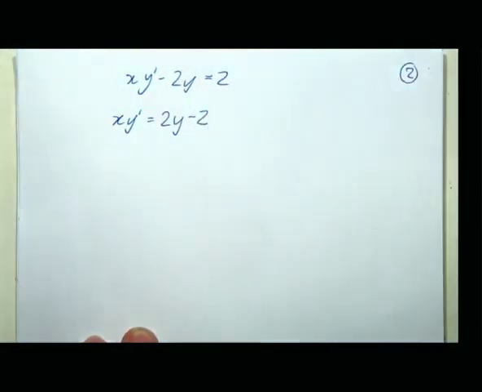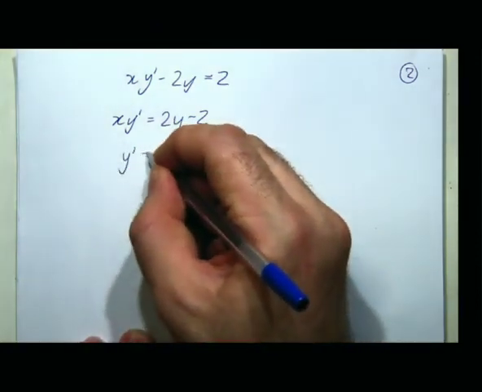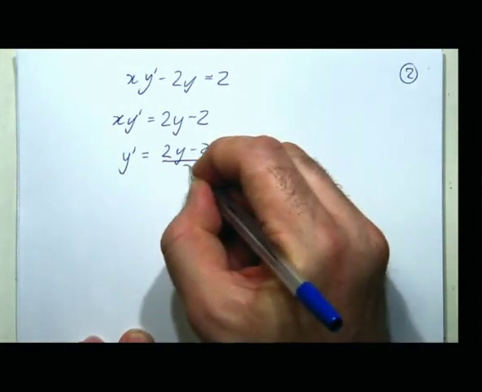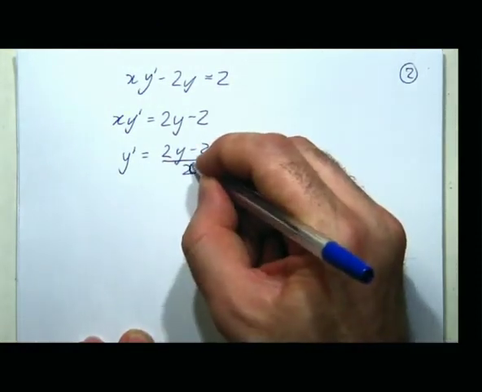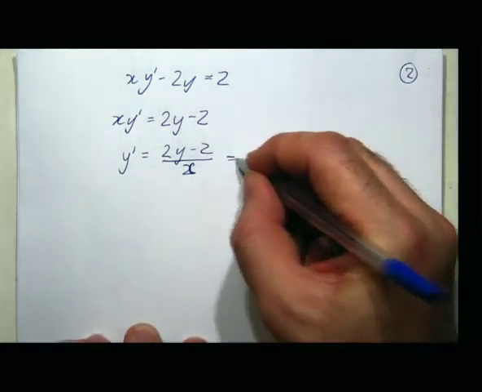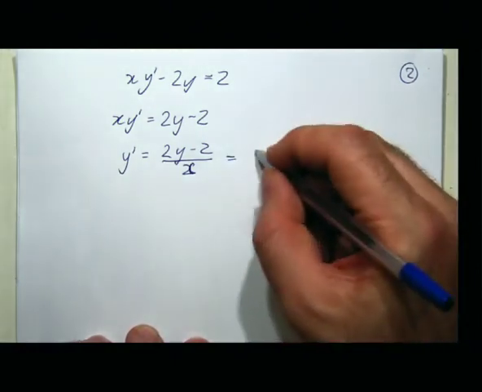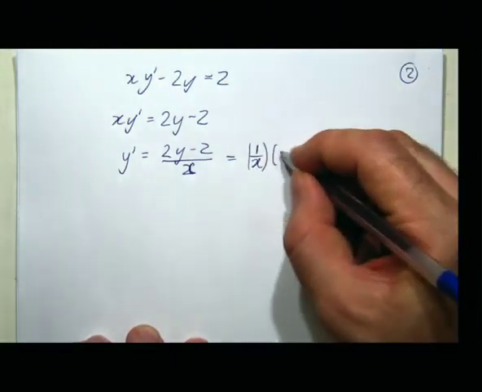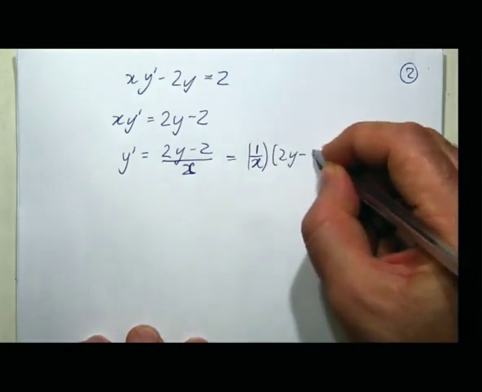Okay, so I'm going to have y' is equal to (2y minus 2) divided by x. I know what I'm talking about. Seriously. It may not look like it's separable at first, but I know that I could write this as 1 on x times (2y minus 2).